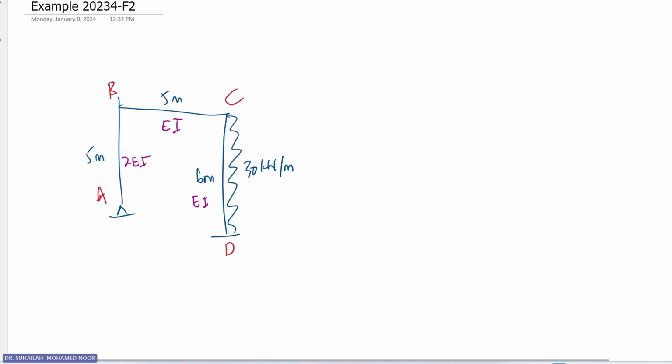Okay, first thing to do before we continue, we have to identify whether this frame is actually a side sway frame or not.